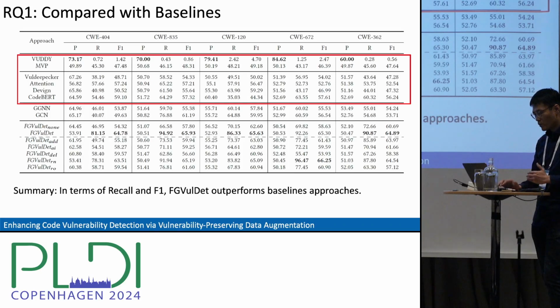While comparing with the deep learning-based approaches, we find CodeBERT usually has better performance than other baselines, because it is a pre-trained model utilizing a huge and massive amount of data in the pre-training phase. However, the performance of CodeBERT is still lower than ours.